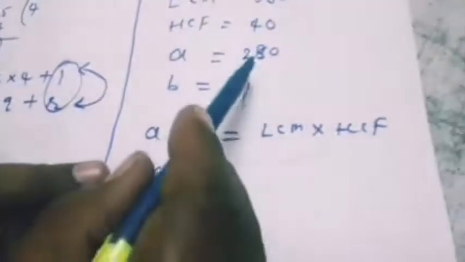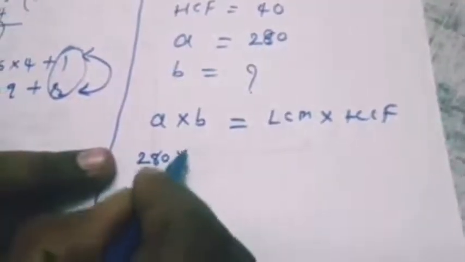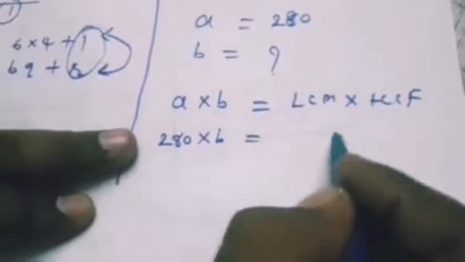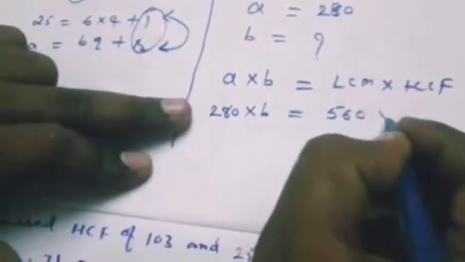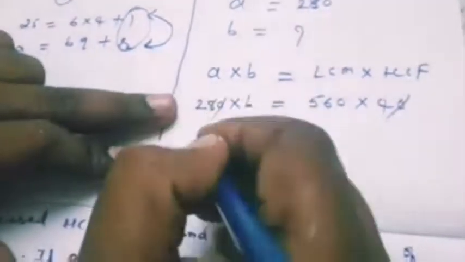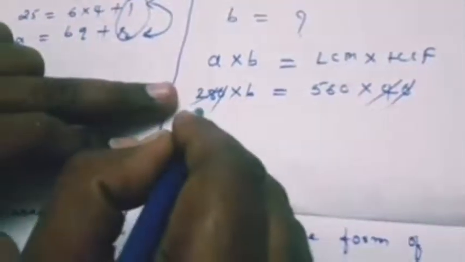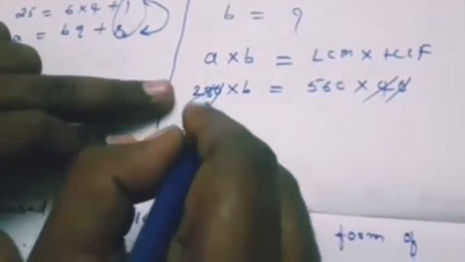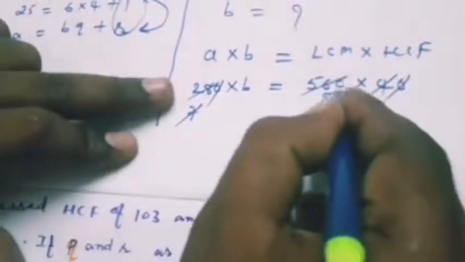Children, one of the numbers is 280, okay, not 250. So 280 into B equals LCM, which is 560, into HCF, which is 40. 1 0 0 cancel. So 4 1s are 4, 7 1s are 7, 8s are.